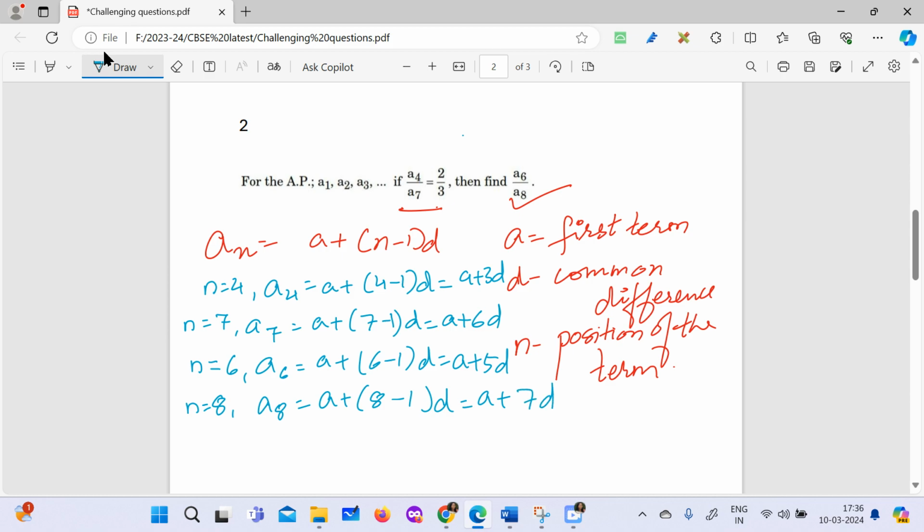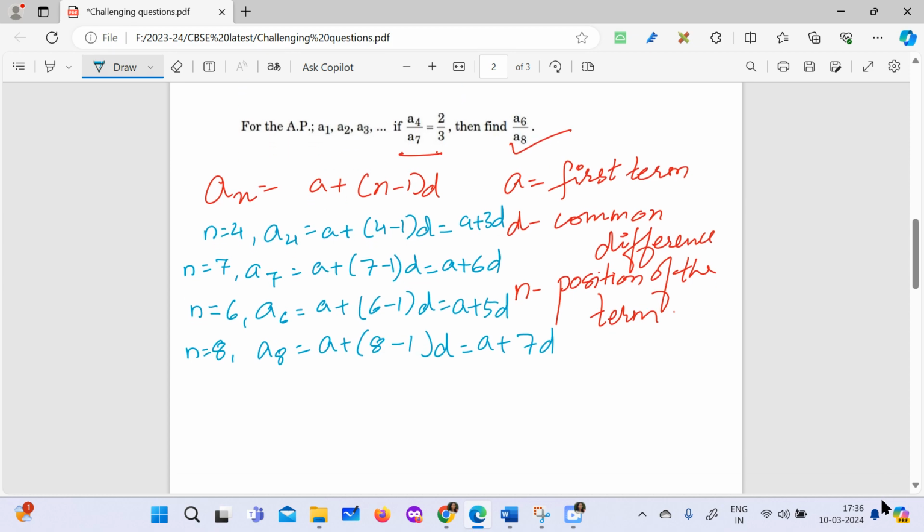Right. So we have taken all these nth terms of the given ratio. Now let's see how to work on it. Now already it is given a4 upon a7 equals 2 over 3. Let's write the value of a4, that is a plus 3d, and this one is a plus 6d, which is equal to 2 over 3.